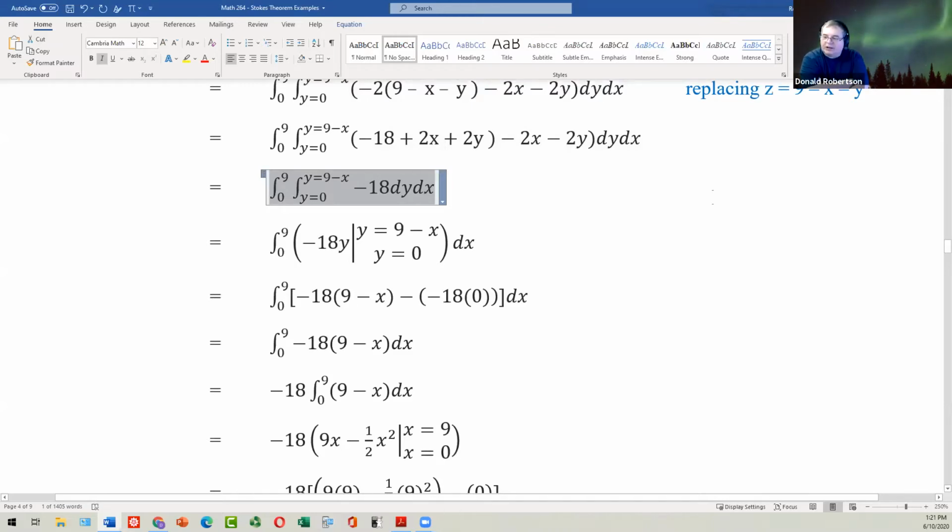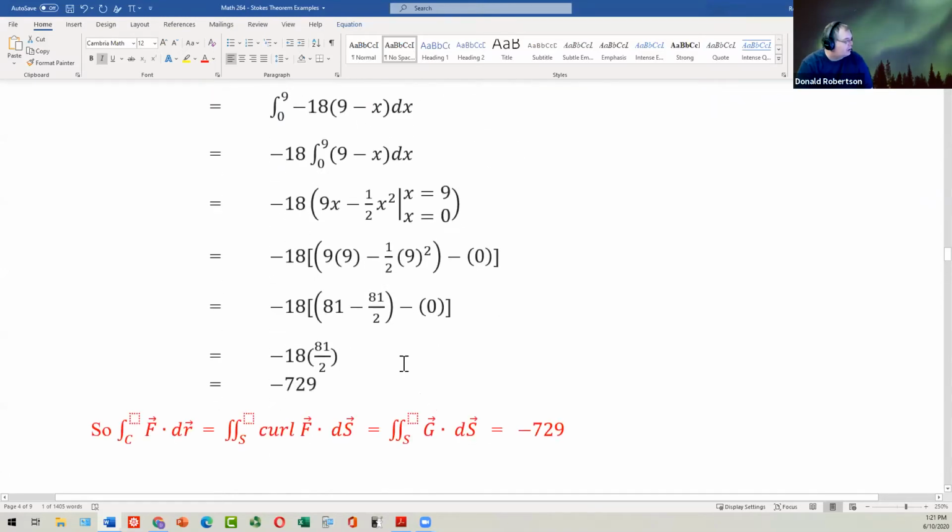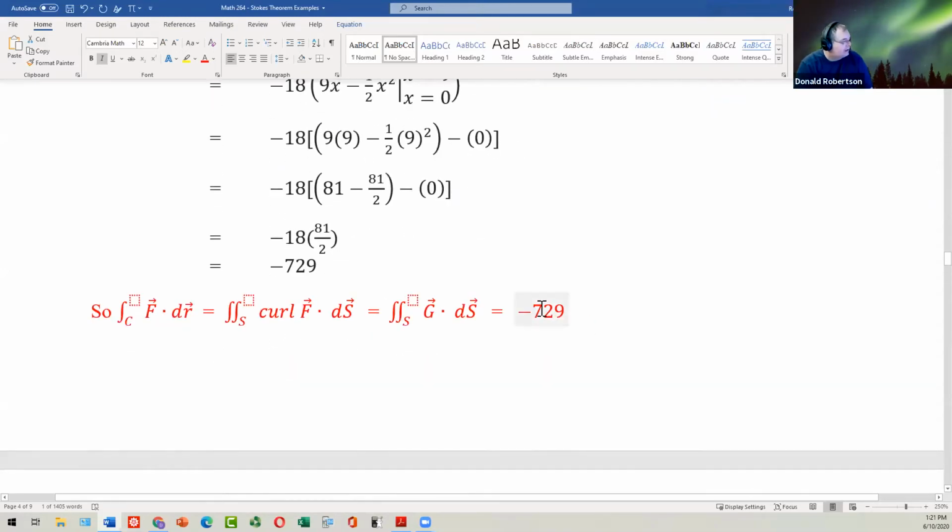So the original line integral, which was virtually impossible to do, has now turned into a really quite baby-looking double integral. And you go through all that working, it ends up being -729. So we were being asked to find this line integral.